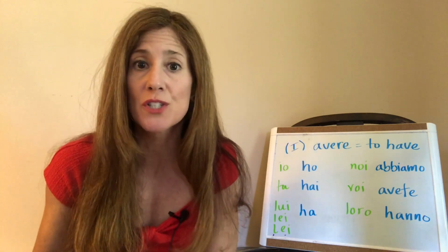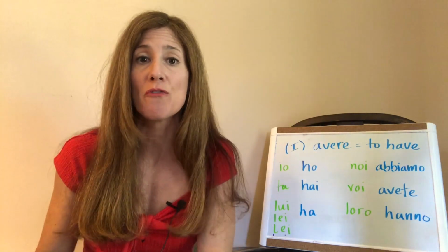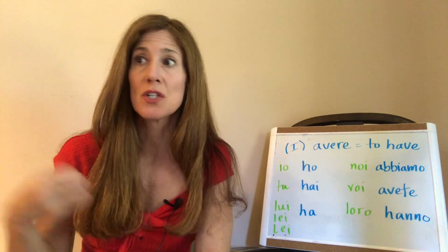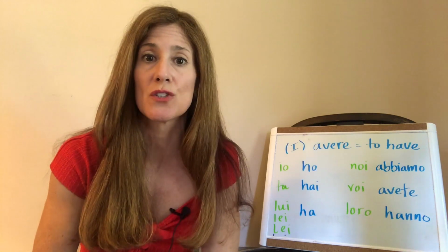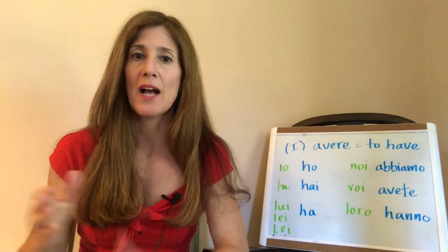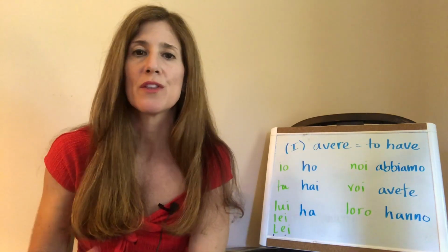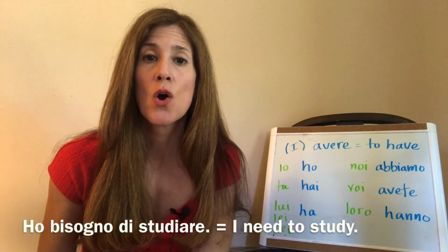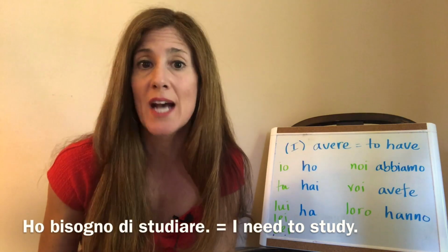So we can even use the same example that we did with the verb dovere, and we can say, I have to study, okay? You can either use dovere or you can use this expression, but you have to have all of these elements. So with this expression, it would be ho bisogno di studiare, ho bisogno di studiare.